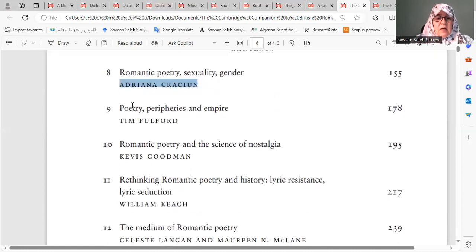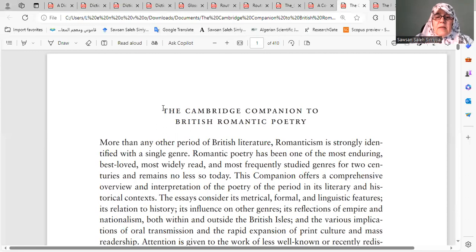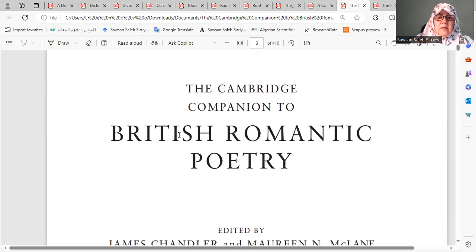If you go to another article, this is Poetry, Peripheries, and Empire. This is the title of the article, and Tim Fulford is the author. So in this source, you have the companion. This is the title of the book. Okay, it's clearer here in the title page.